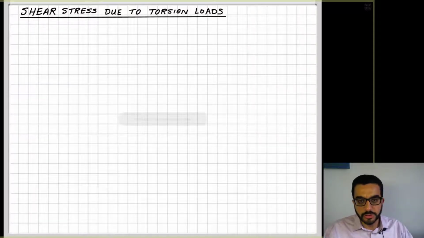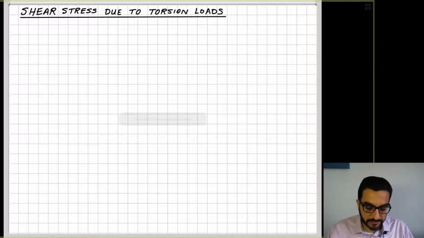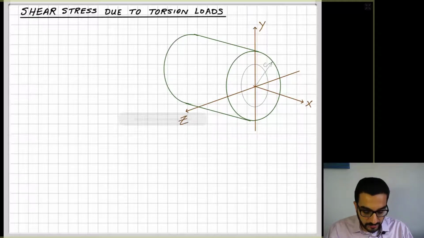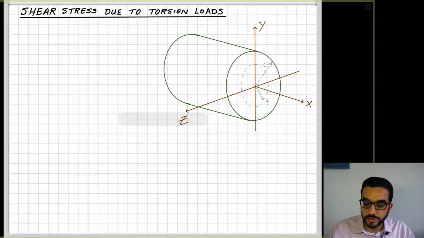In this video, we'll go over trying to visualize how shear stresses develop due to torsion loads in shafts. So let's see here an example of a shaft that has a cross-section with radius C, and I can draw here the XYZ coordinates following my right hand rule.